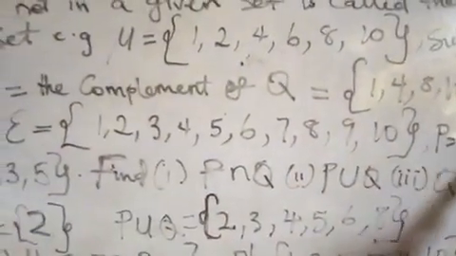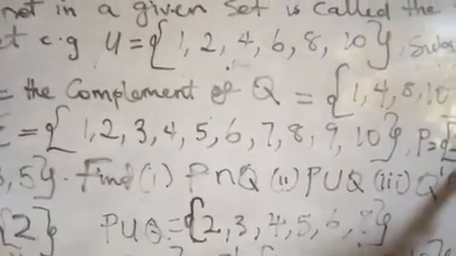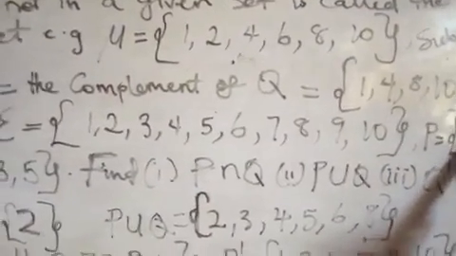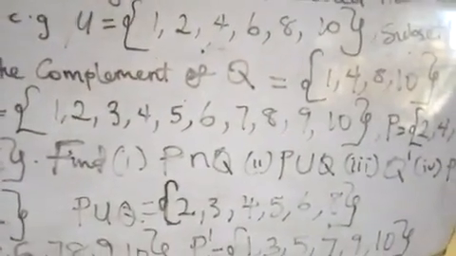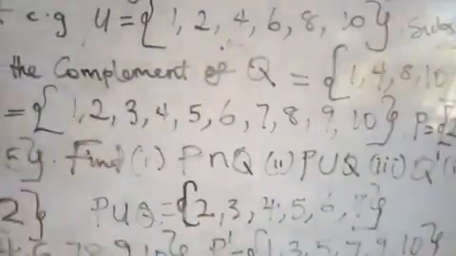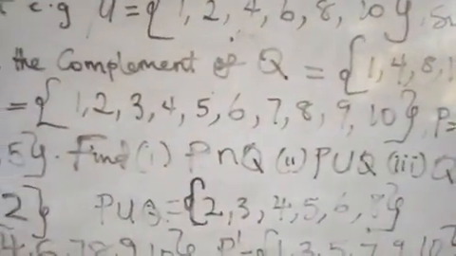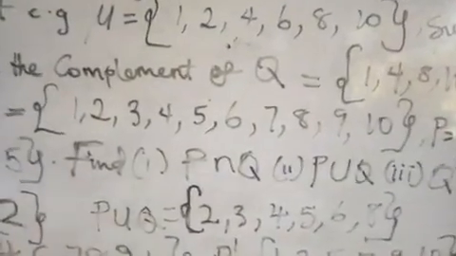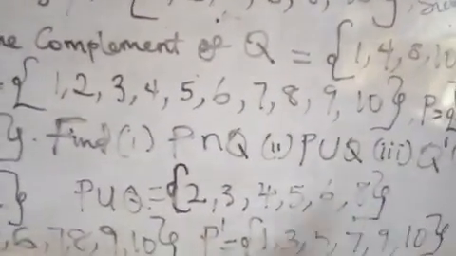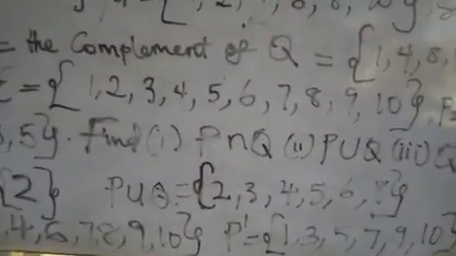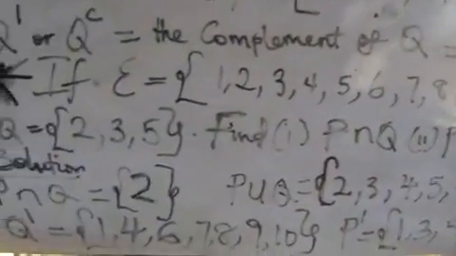For example, we have 2 in P, and we also have 2 in Q. It is written once. You understand? All other elements follow this. If an element appears in both sets, you do not write it twice, only once, because they have come together. Writing those things out gives you the union of P and Q.